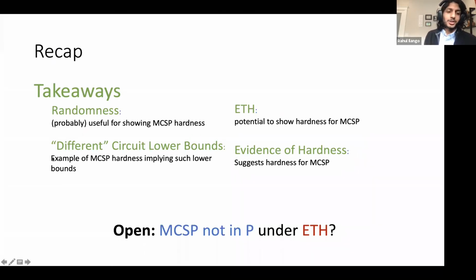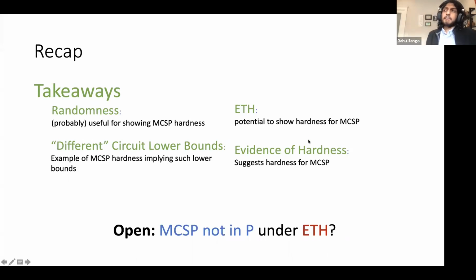I didn't really talk about getting different types of circuit lower bounds from hardness results on MCSP, because I'm going to talk about it more in the application section. And hopefully, showing that these versions of MCSP are hard implicitly suggests that maybe the original version should be hard.